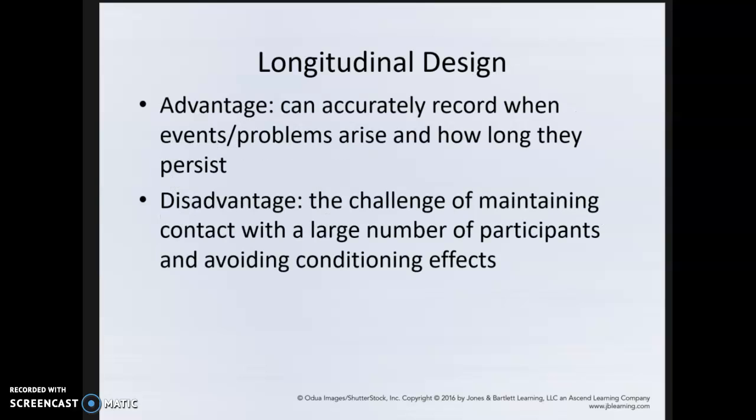When we're looking again at that longitudinal design, one of the advantages is accurately looking at events and problems that arise and how long those events and problems may persist. One disadvantage is maintaining contact or loss of your participants.